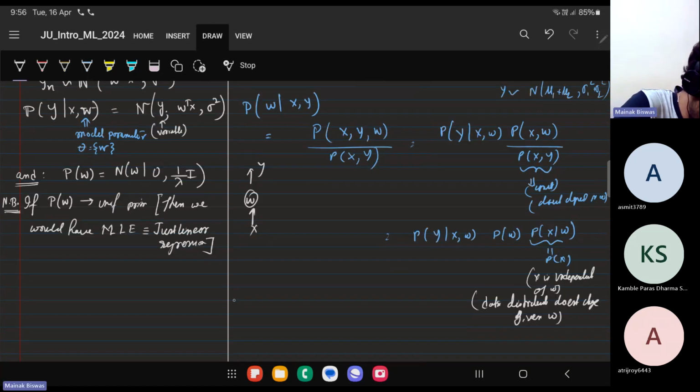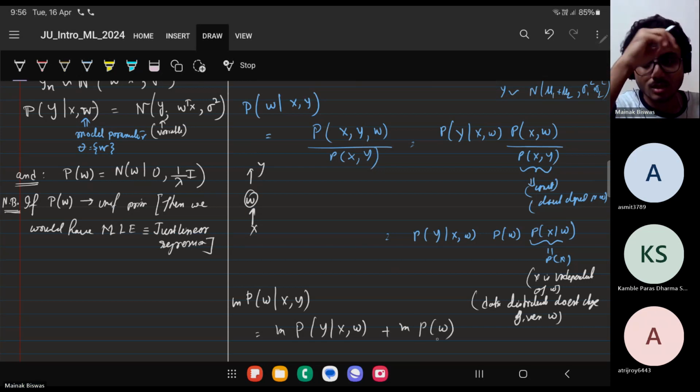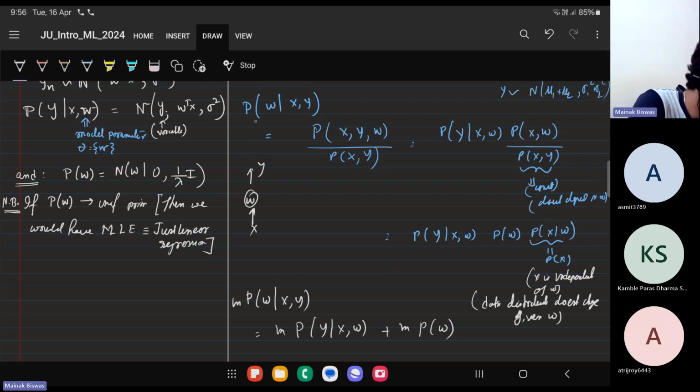So what do I get? I get log of P of W given X comma Y is log of P of Y given X comma W plus log of P of W. Agreed? I just took log on both sides.